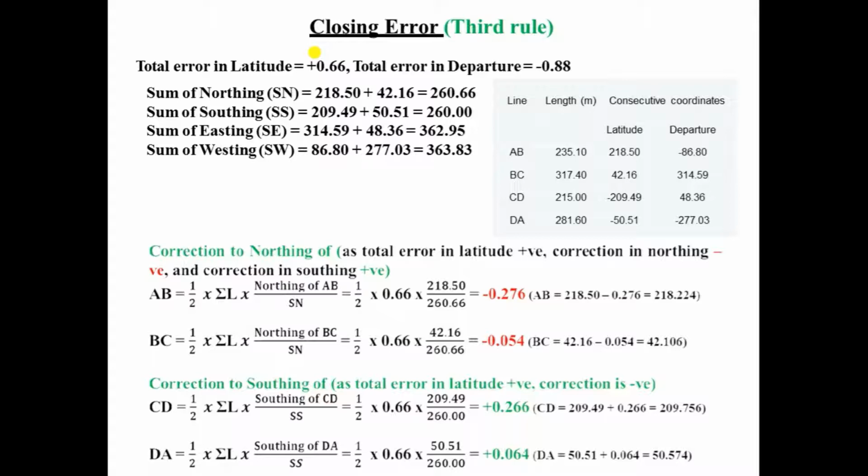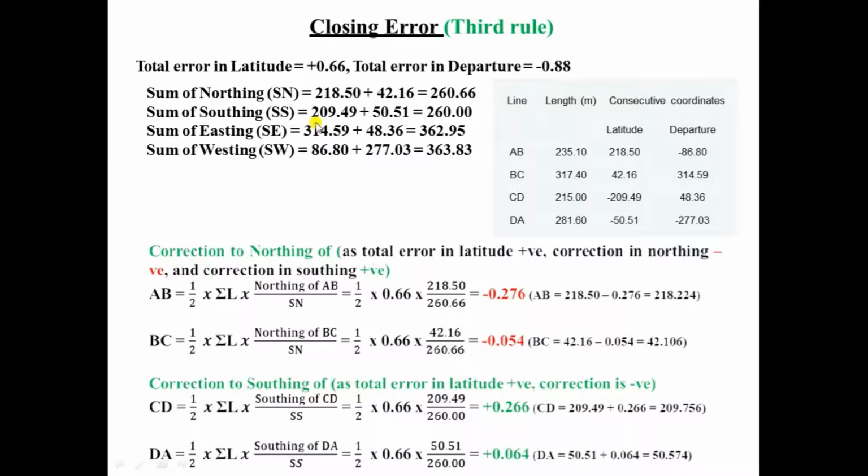Now we have to get the sum of northing, southing, easting and westing. For finding the northing from the given data of latitude and departure, the process is very simple. If the reading of latitude is positive, it is called northing, and if the reading of latitude is negative, it is called southing.